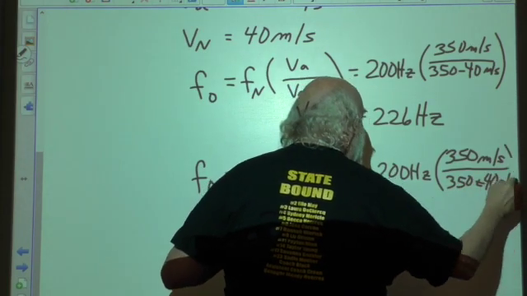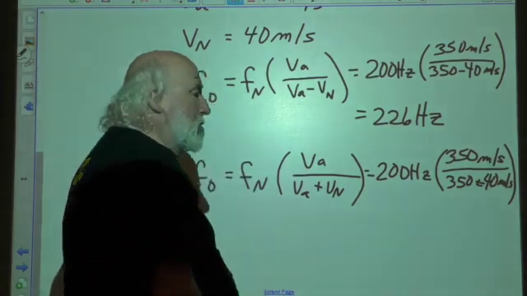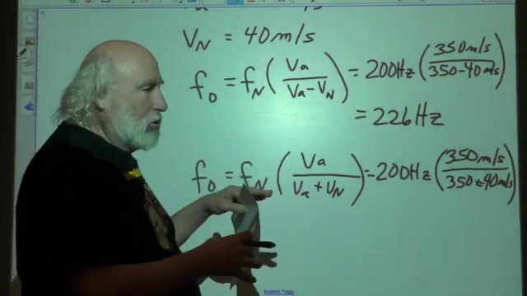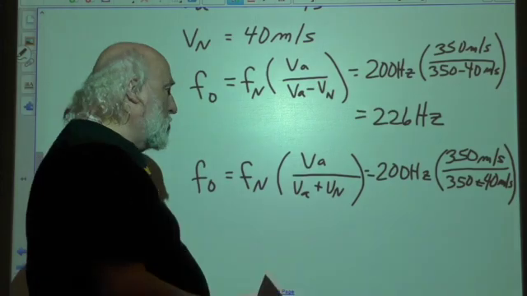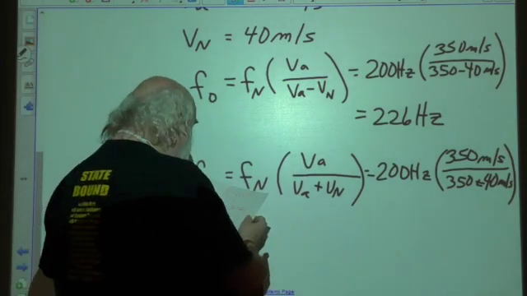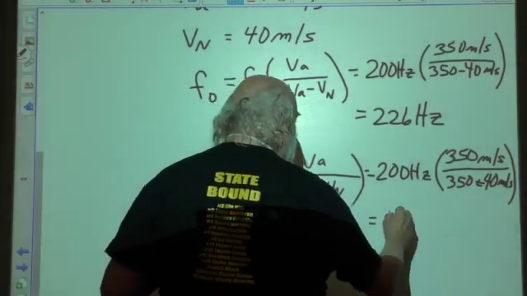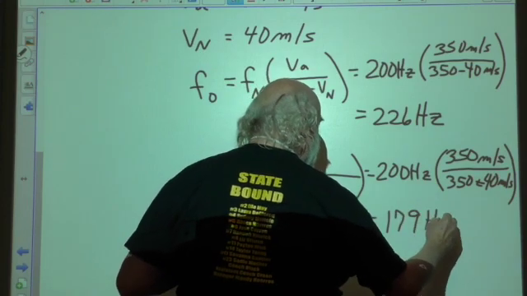And we know that when you add in the denominator, it makes the whole fraction smaller, which means the 200 hertz is going to get smaller. And indeed it does. It turned out to be 179 hertz.